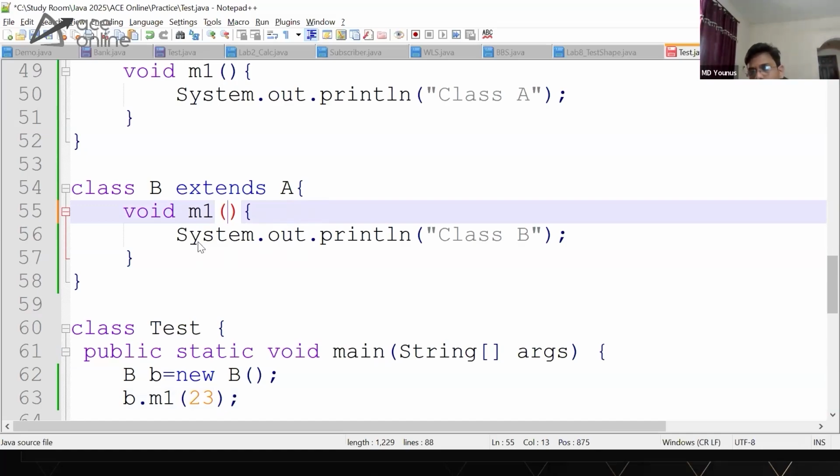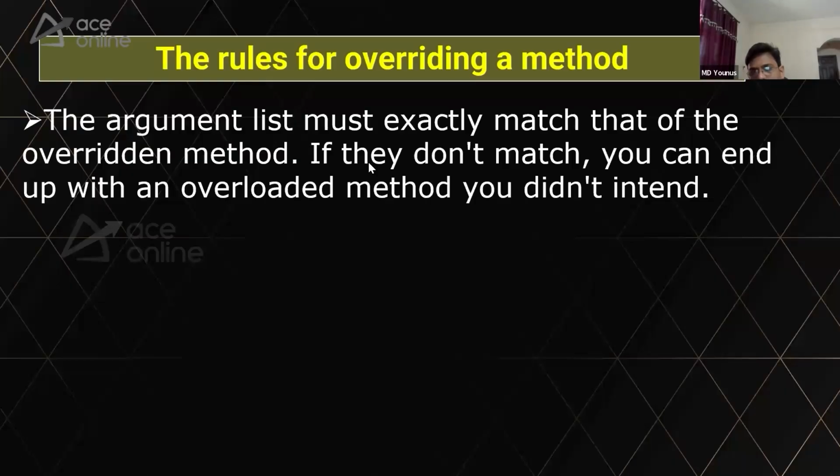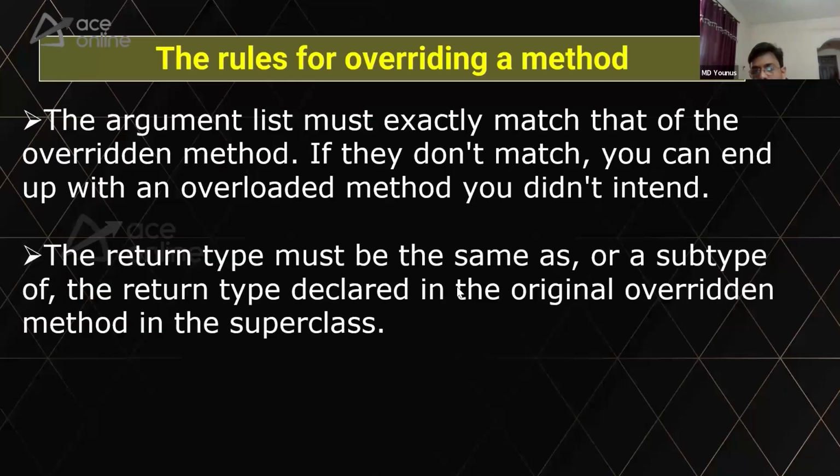So in overriding, the name should be same and parameter should be same. In overloading, name should be same, but parameter should be different. Now the second rule is the return type must be the same or a subtype of the return type declaration.